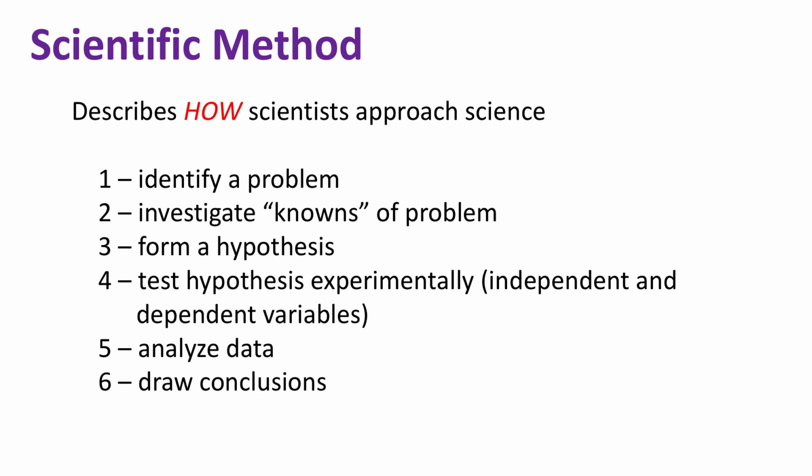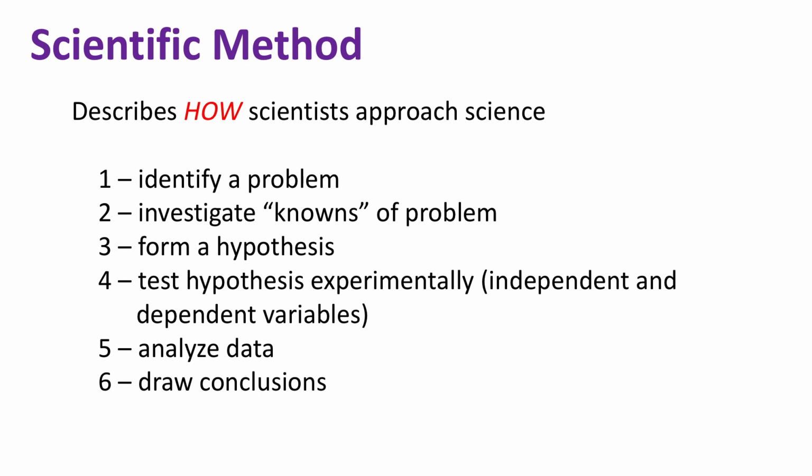The scientific method, this kind of process or steps of how science is conducted, has been described for many, many, many years. The scientific method tells us how we need to first identify a problem. We need to then investigate any knowns about that problem or those problems.